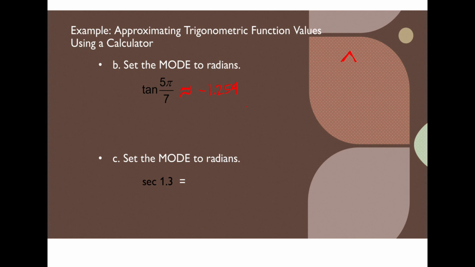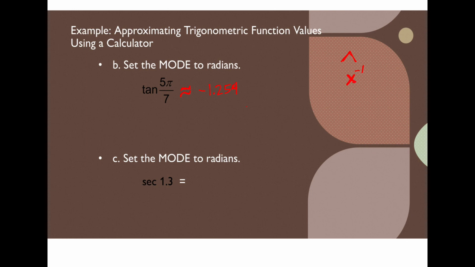And then keeping it in radians, we can find the secant of 1.3. But notice there's no secant button. But it does have a relationship to cosine. So as long as we're in radians, I'm going to go cosine of 1.3. Get the answer. And then I want to flip that answer around. On my calculator, on the far left side, if you have a TI 83 or 84, there's an x to the minus 1.